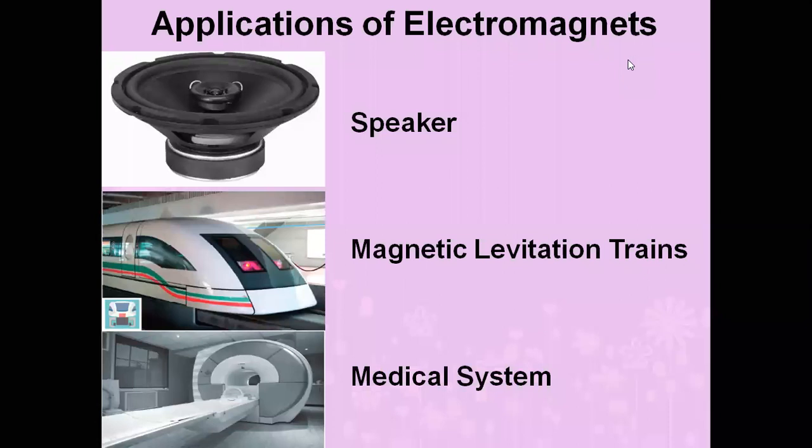Same for unit 5, magnetism and electromagnetism. We learned about the electric field, electric force, and electric potential in unit 4, and in unit 5, the magnetic field, magnetic field lines, magnetic flux, magnetic effect of current, force on a current carrying conductor in a magnetic field, AC generator, electric motor, electromagnetic induction, and what is a transformer.